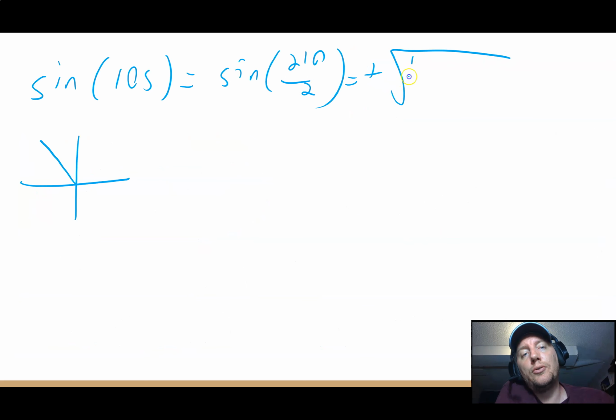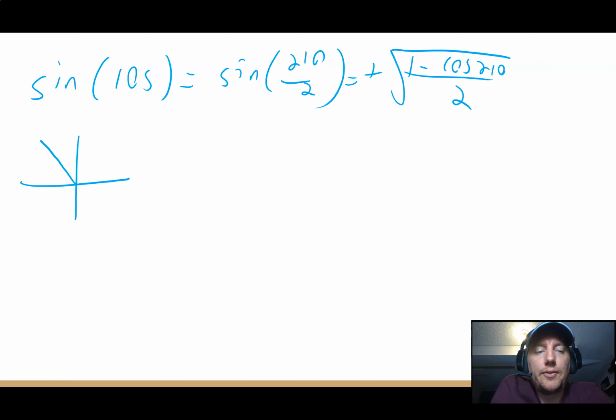So square root of 1 minus cosine, in this case u is 210, over 2. All right, I paused the video for a second there so I could pull up a unit circle to be able to work with. Because right now we have to figure out what cosine 210 is. So flip into a unit circle.